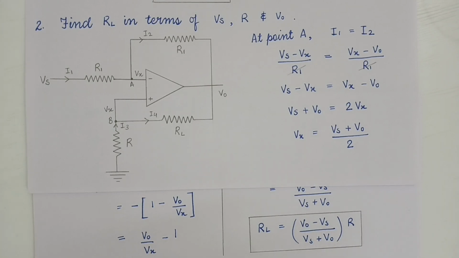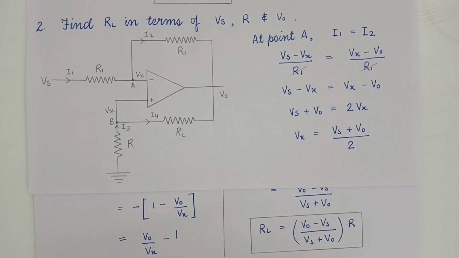So as you can see, again by using the simplest concept, that is putting incoming current equals to outgoing current, you will be able to solve the questions very easily.